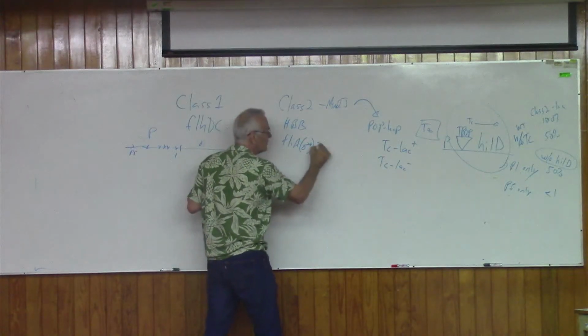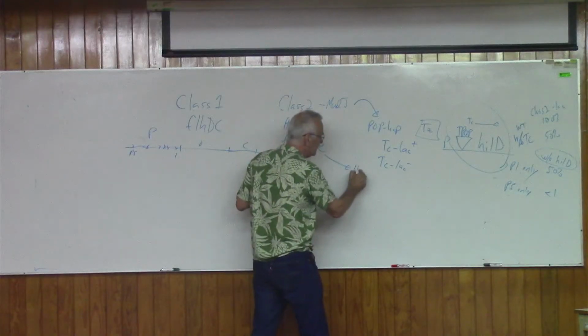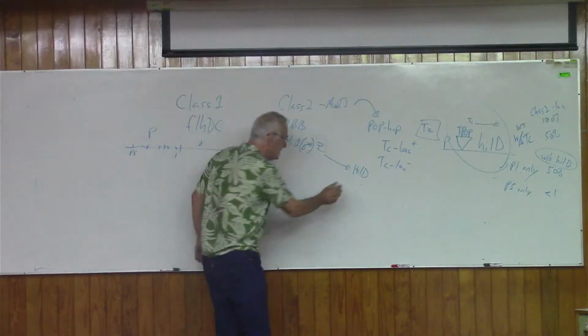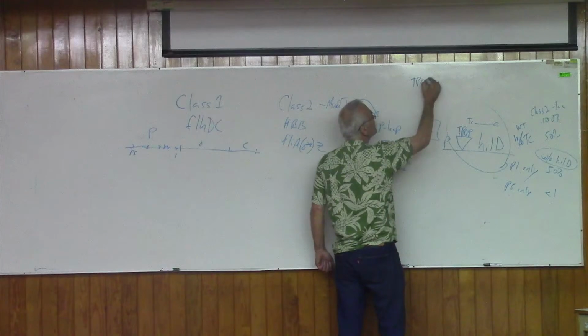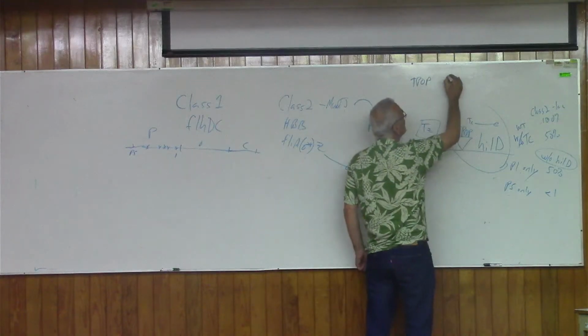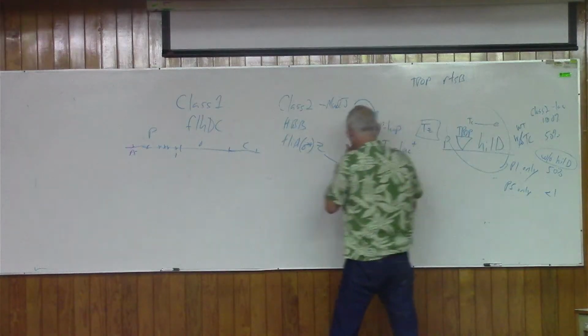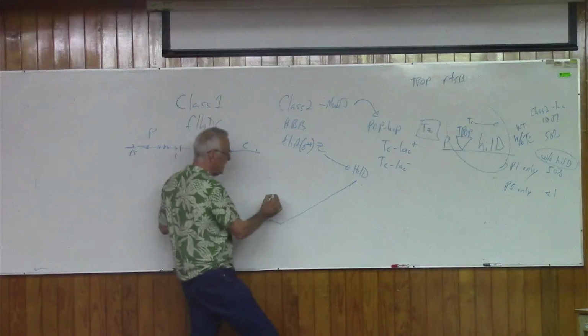It's in an operon with Z, and Z activates HIL-D, right? And in that T-POP experiment I talked about yesterday, one of the repressors was something called RTSB.